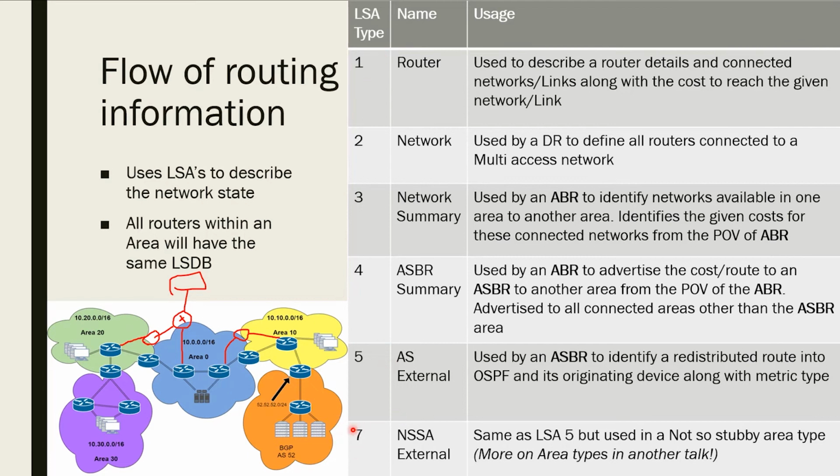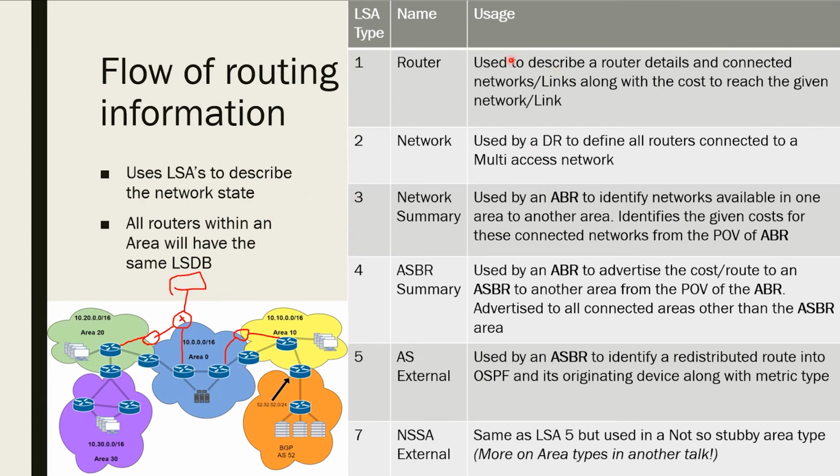There's also a type 7, which I'll briefly mention. But these are the fundamental ones. Without these 5, OSPF wouldn't work. The LSAs are basically the building blocks for OSPF. They define and describe the OSPF network and allow a router to identify the relevant path. So when it starts to do the path calculation, if it doesn't have all the relevant LSAs, it can't make the right path selection.